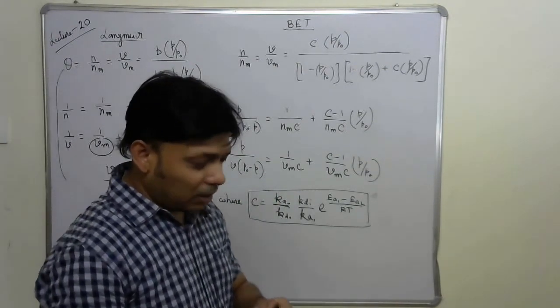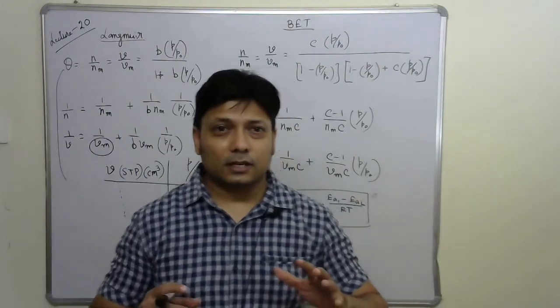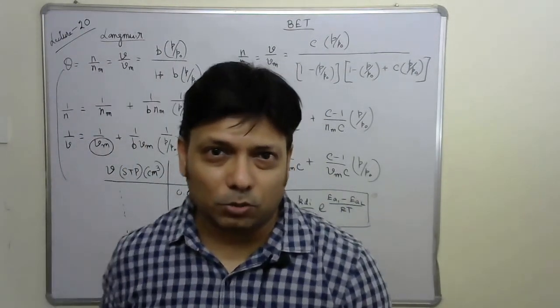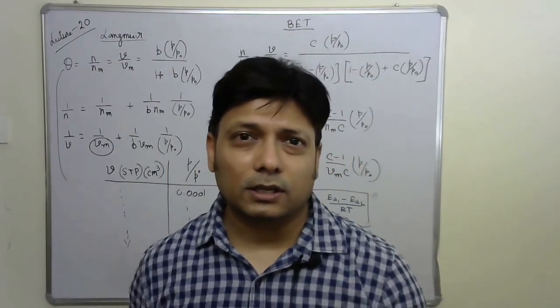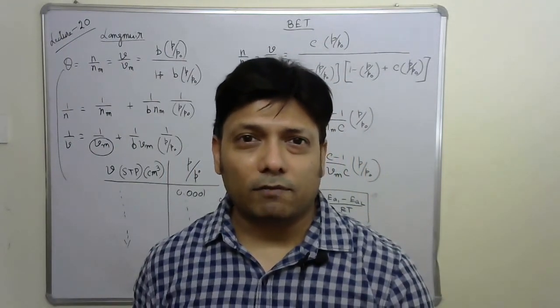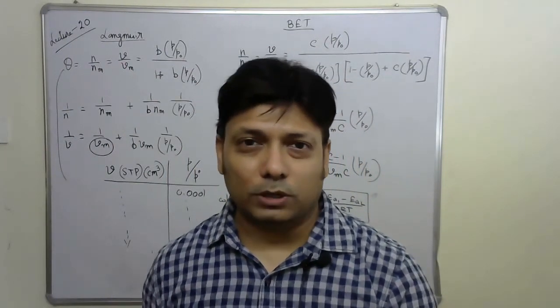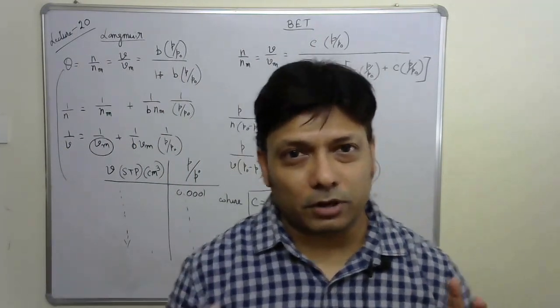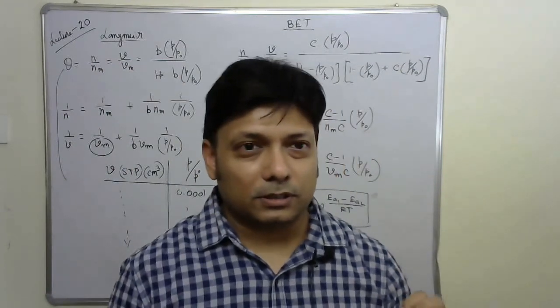I understand that it took quite a bit of time to derive the entire BET equation, but trust me on one thing, no readily available physical chemistry textbook would deal with this derivation. They would straight away give the result. So the derivation is very rare to find.